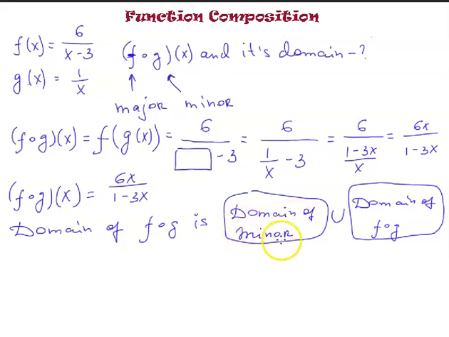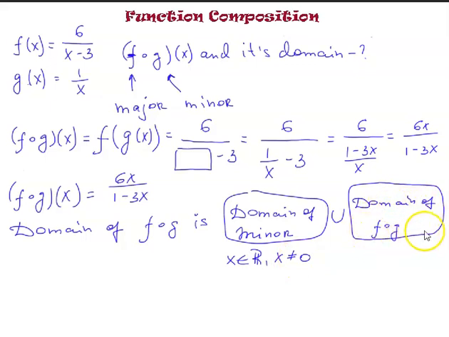So what's the domain of the minor function? Our minor function is g of x, which is 1 over x. And what's the domain? The only restriction that we have on x is 0, because remember we cannot divide by 0. So the domain of the minor function will be all real numbers, with the exception of 0.